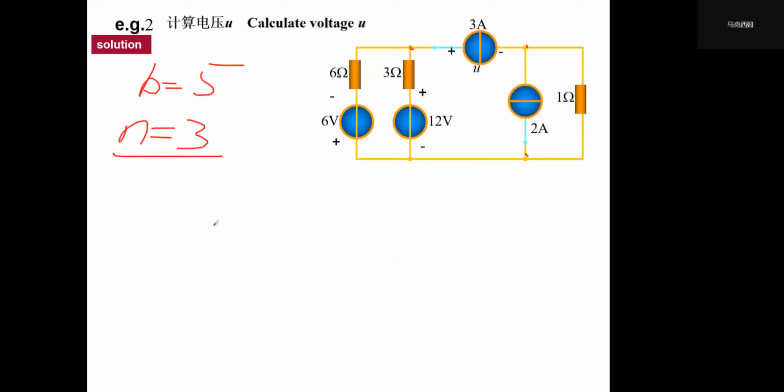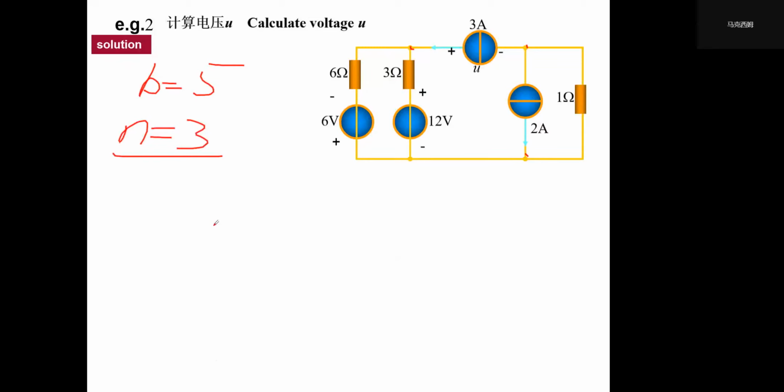Otherwise, you can use other skills we have introduced, like the loop current and the mesh current method. Both are all right. You can solve this problem with many equivalent methods, so which method you pick is up to you.